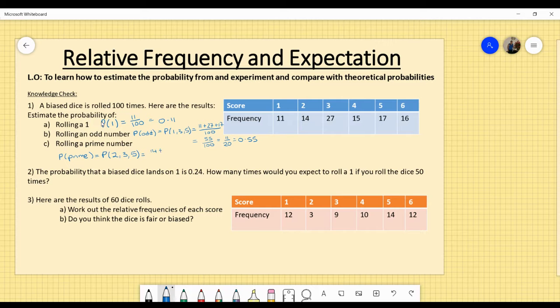So 14 added to the 27, added to the 17, all over 100, and that will give me 58 over 100. That will simplify down to 29 over 50, or 0.58. Okay, so that's how you do that one.